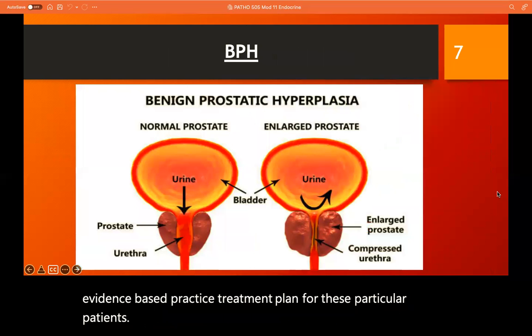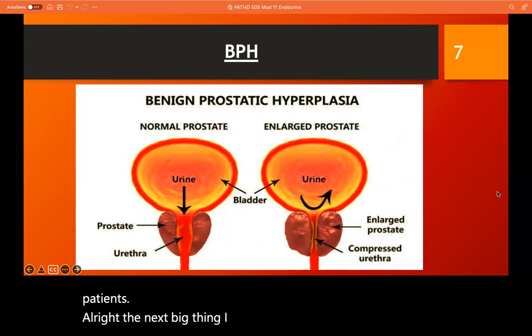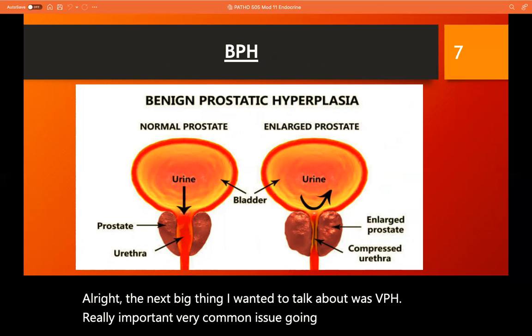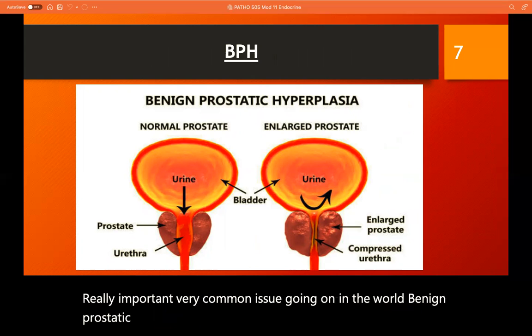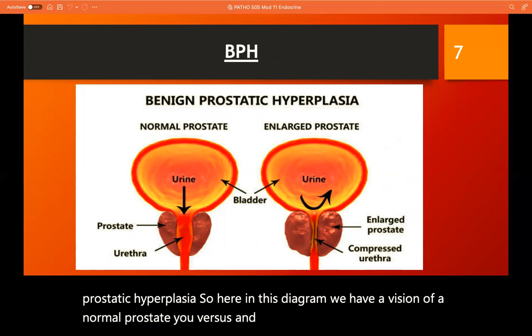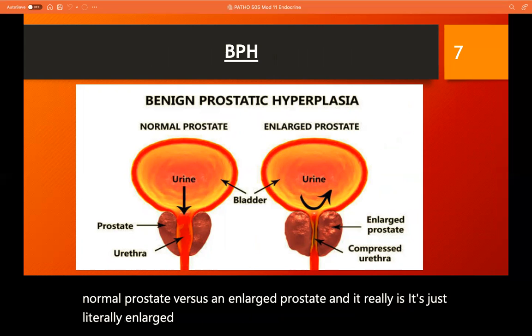The next big thing I wanted to talk about was BPH. Really important, a very common issue going on in the world, benign prostatic hyperplasia. In this diagram, we have a vision of the normal prostate versus an enlarged prostate. And it really is just literally enlarged. Keep in mind what an enlarged prostate does. It compresses the urethra.